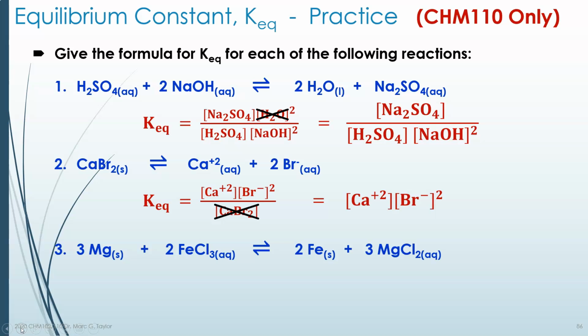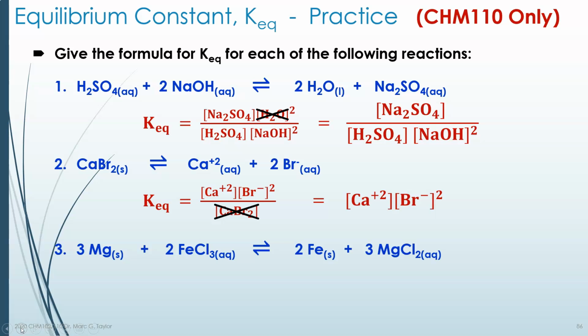Remember, there's always going to be a number 1 underneath everything. So when you cross it out, we just no longer have a denominator. Now, if this equilibrium was the other way around, we would have the calcium ion and bromide ion squared concentrations in the denominator on the bottom.